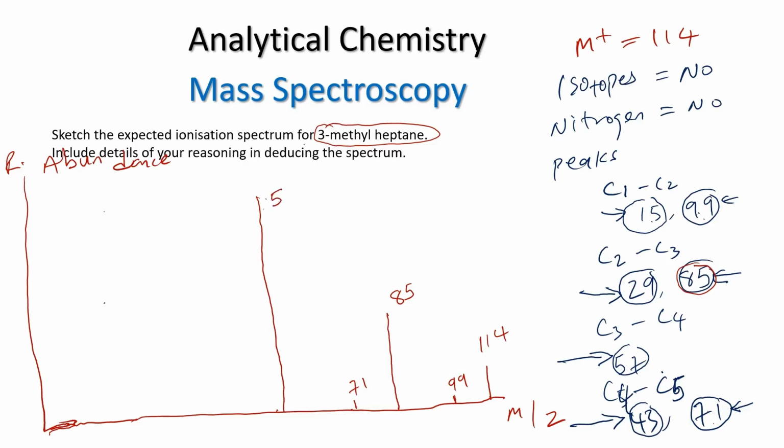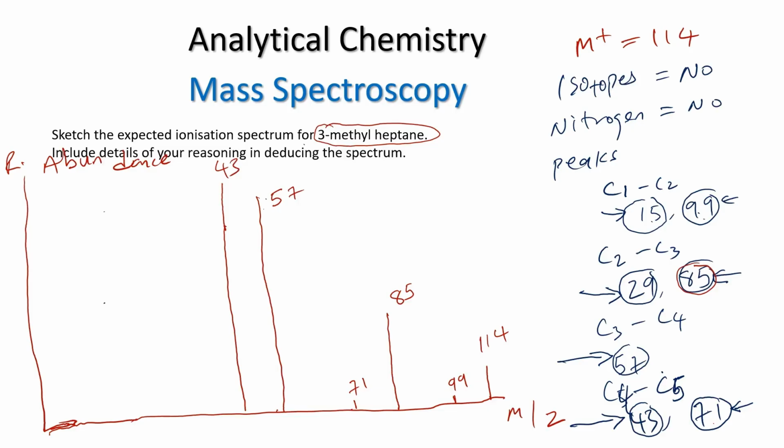After 57, the next number is 43, and 43 is also a very prominent peak, and it's the characteristic peak for alkanes. So you're going to have a peak at 43 here. After 43, the next number is 29.